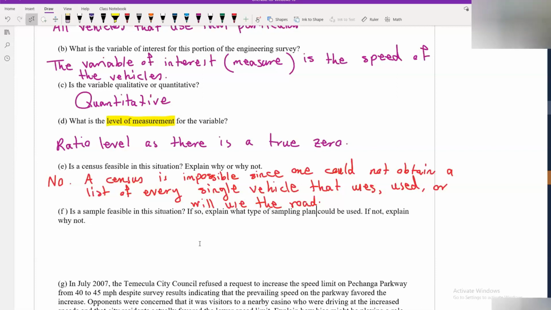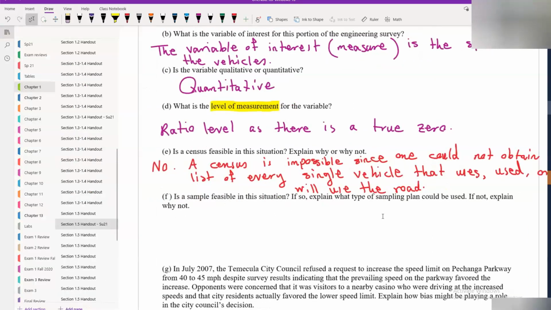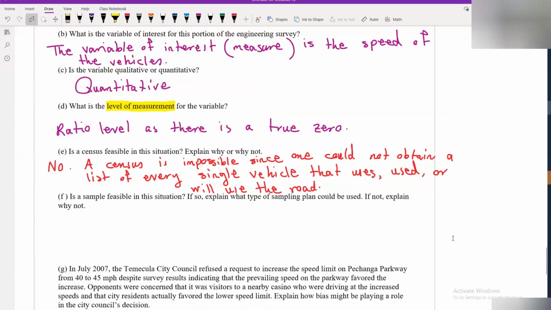Now part F, is a sample feasible in this situation? If so, explain what type of sampling plan could be used. If not, explain why not. Whenever you don't have a complete frame, you have to use systematic sampling.